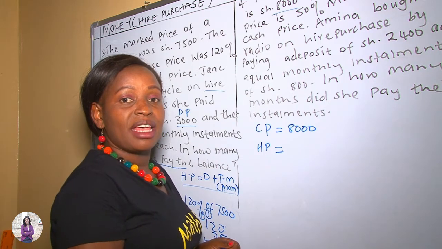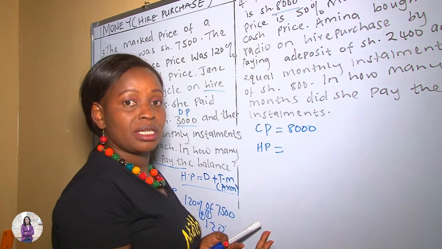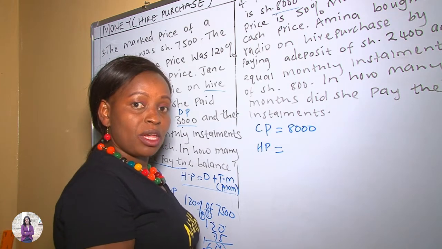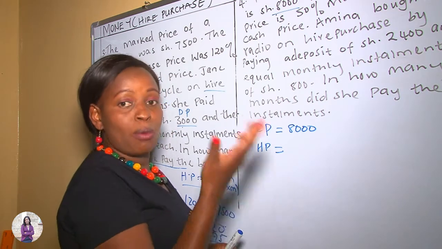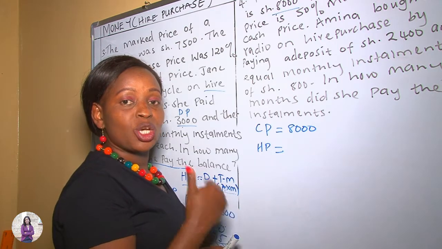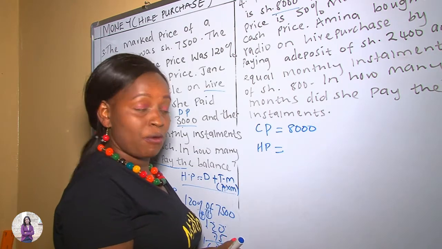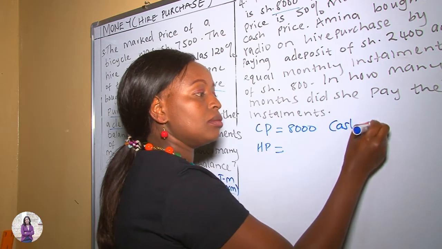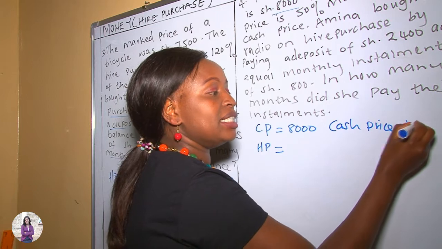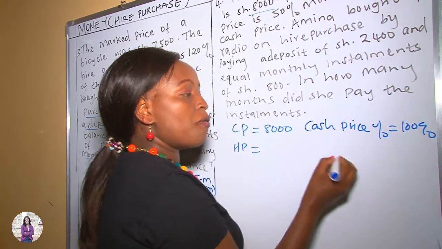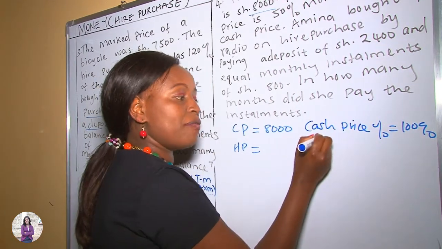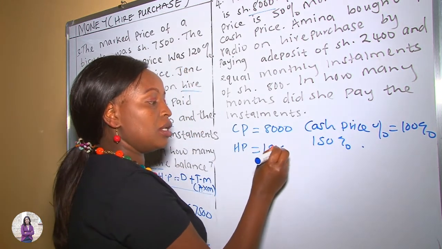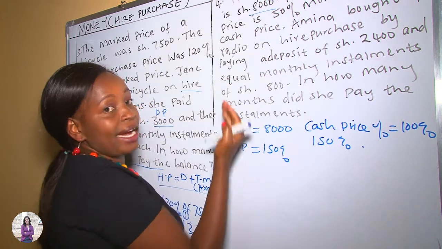When you buy an item on cash basis, its percentage is always 100. Therefore, if hire purchase is 50% more, it's going to be 150%, because already the cash price percentage is 100%. So 50 more of 100 is 150%. Therefore, our hire purchase is 150% of the cash price.